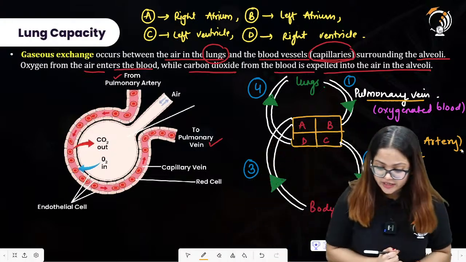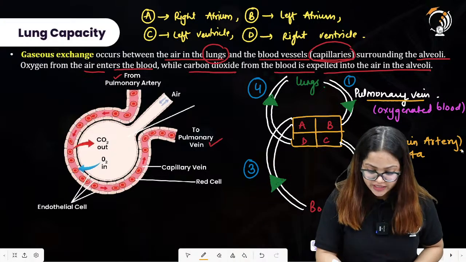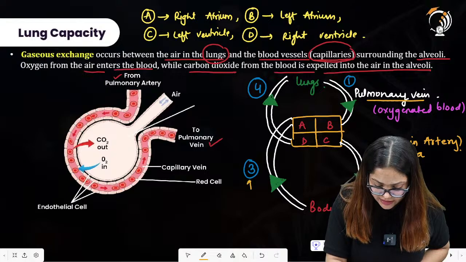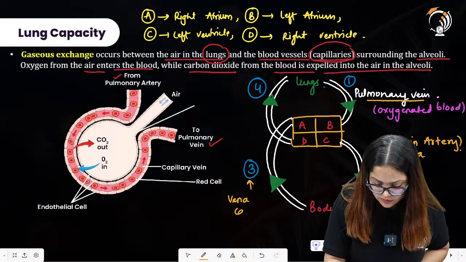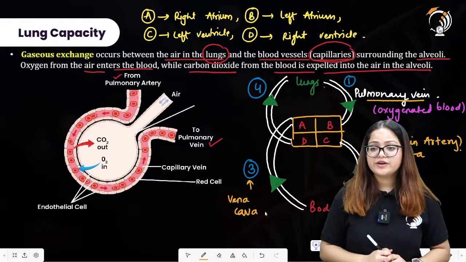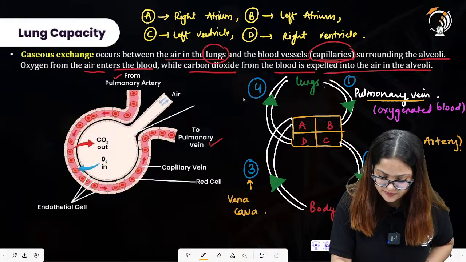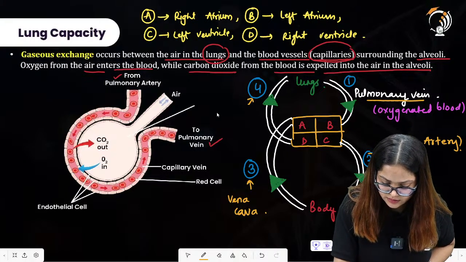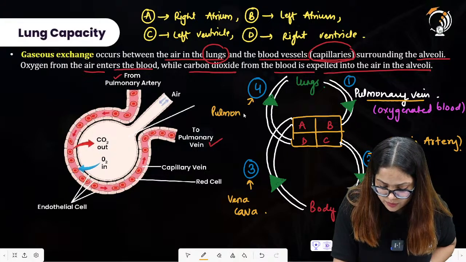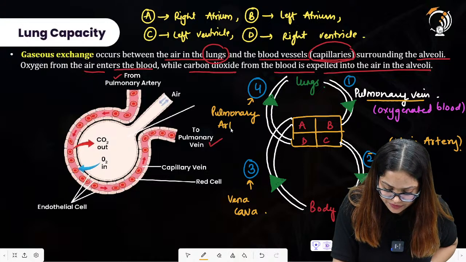Yes, 2 is aorta and 3 is vena cava. Yes, that is pretty right. 4 here is pulmonary artery.